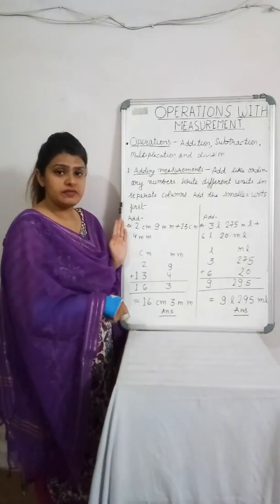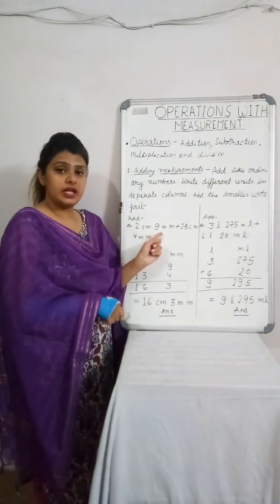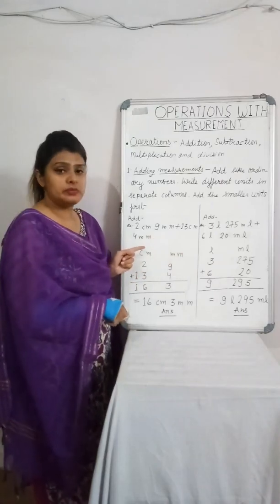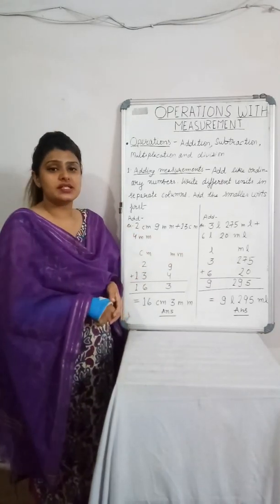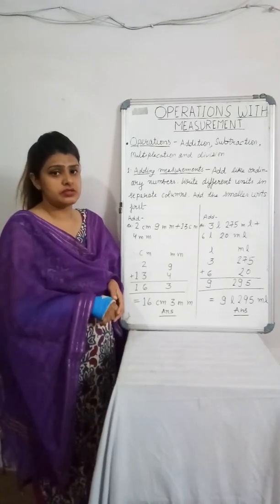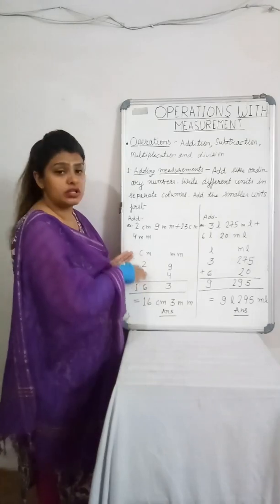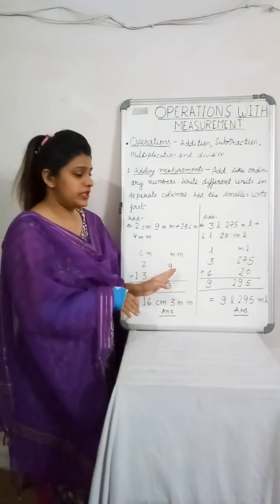Now the example has been given to us. The first one is 2 centimeters 9 millimeters plus 13 centimeters 4 millimeters. Here we can see there are two units, centimeters and millimeters. So first we will separate these in columns, centimeters differently and millimeters differently.